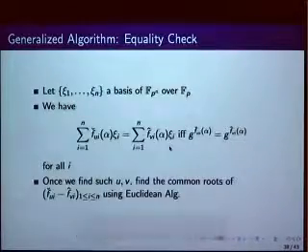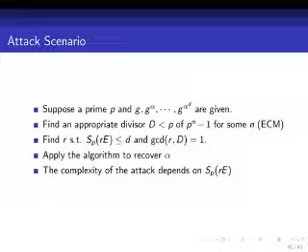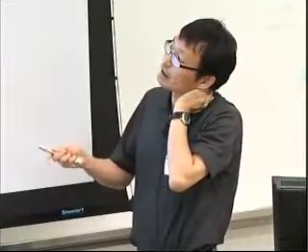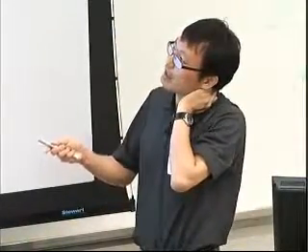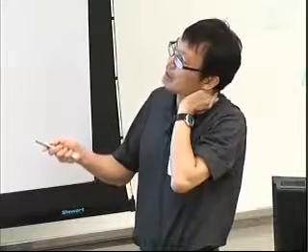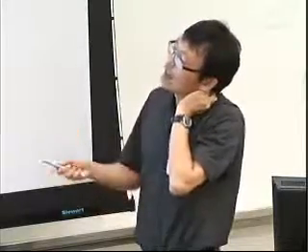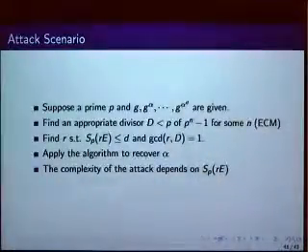Okay, so using similar techniques, we have the algorithm for strong DL. Let me introduce the attack scenario. We are given a prime p and find an appropriate divisor d of p^n minus 1 for some n. We try n equal to 1, 2, 3, 4 for small n.